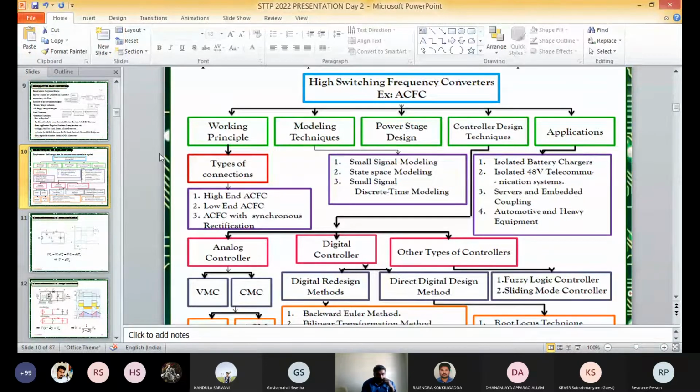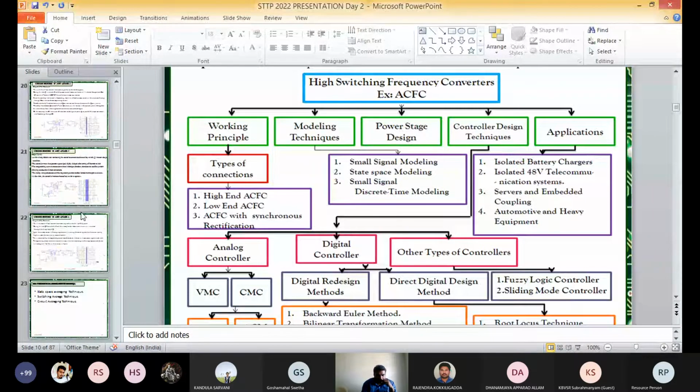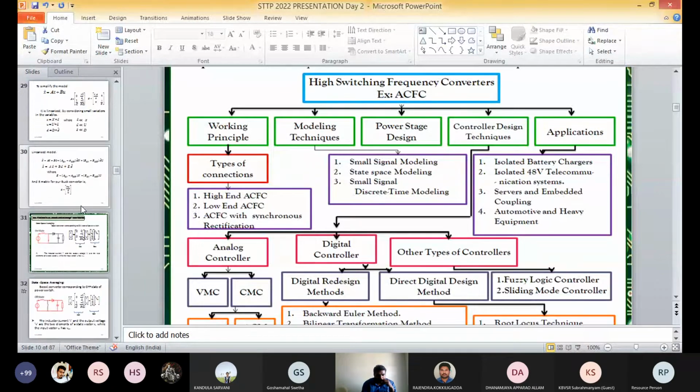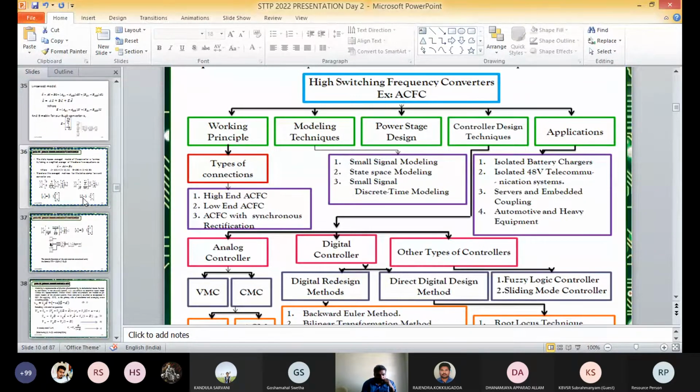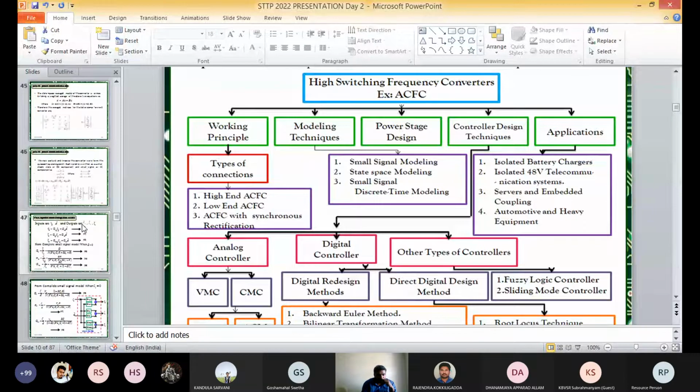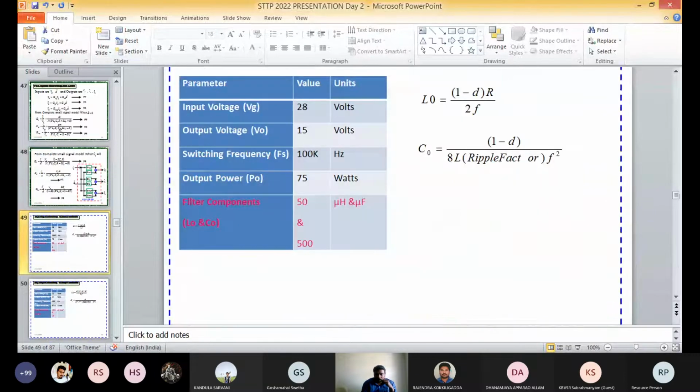In the power stage design, after observing the working principle and determining the mathematical model, in the third step we need to derive some of the parameters for the power converters by using some input and output parameters.